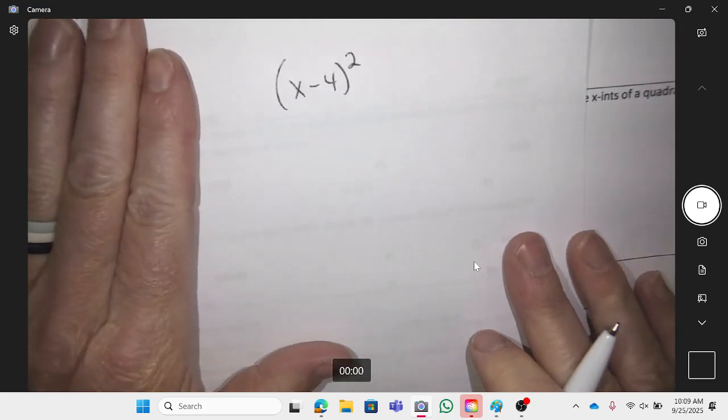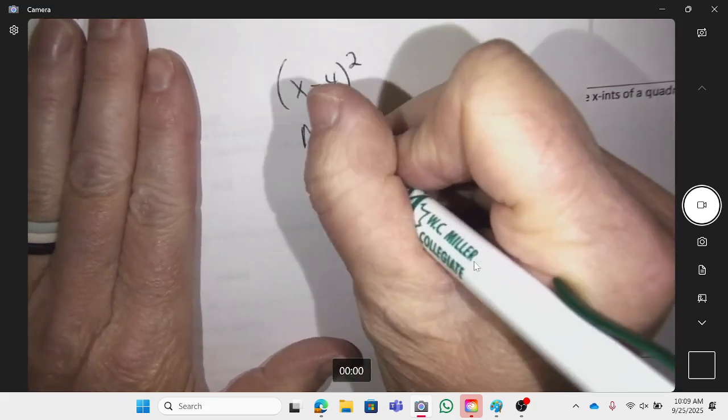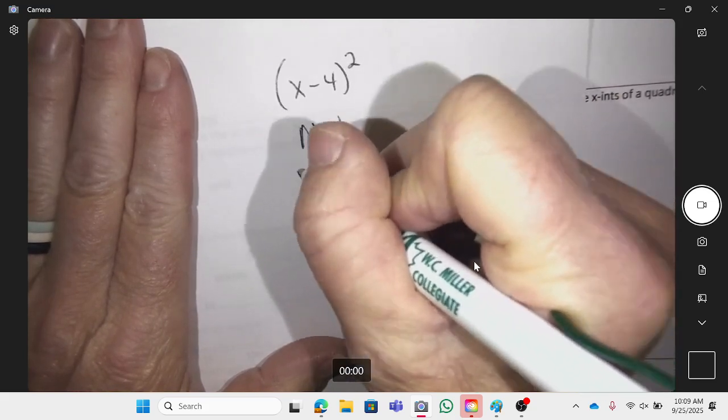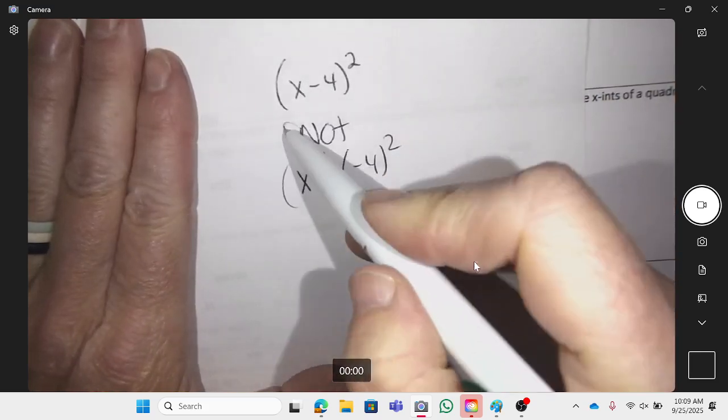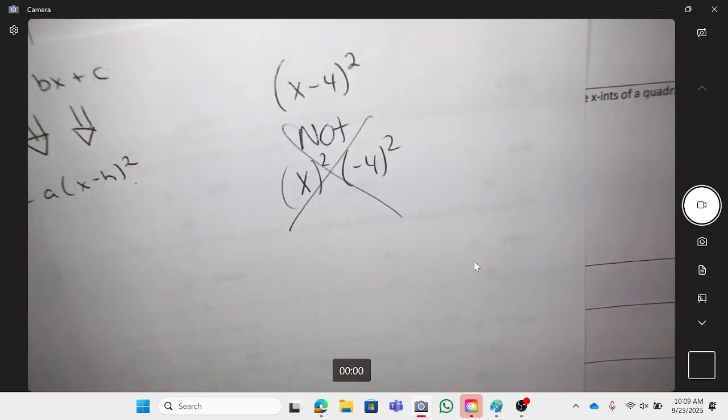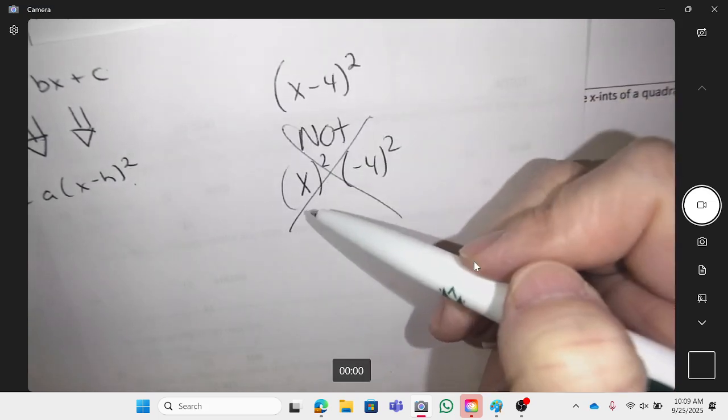This squaring does not mean square this, square this. It does not mean that. It does not mean to individually square things.